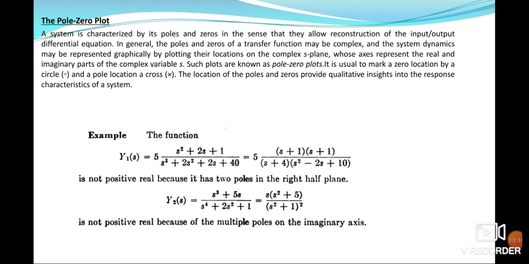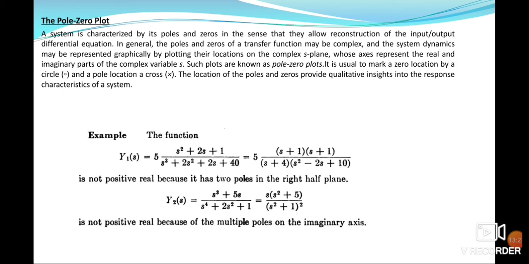So whenever we calculate the values of a pole from a transfer function, if the value is found to be positive and it is on the right half of the S-plane, that means the system is completely unstable.